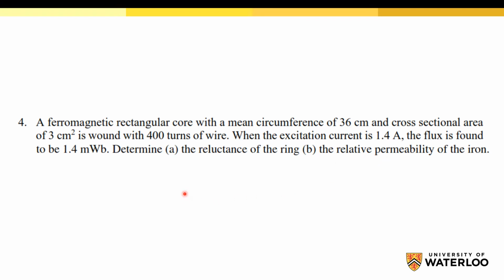So in this question, we know the mean circumference for this rectangular core. So actually, we know the length for the path of the magnetic flux, and we know the cross-section area, we know the number of turns, and we know the current, and also we know the flux. And we need to calculate the reluctance and the relative permeability.